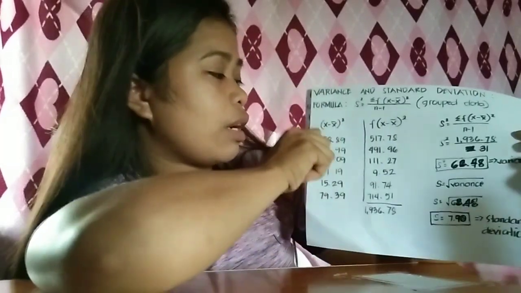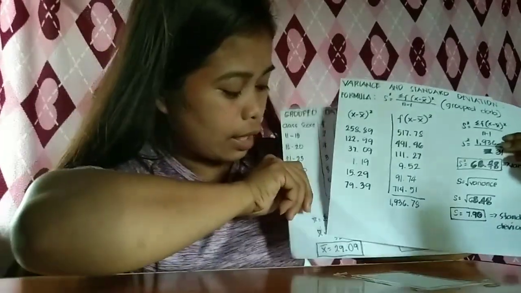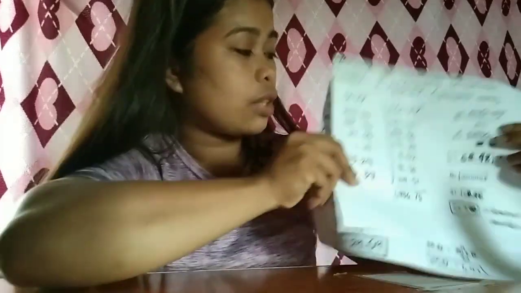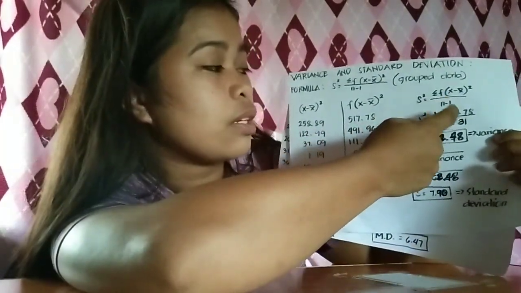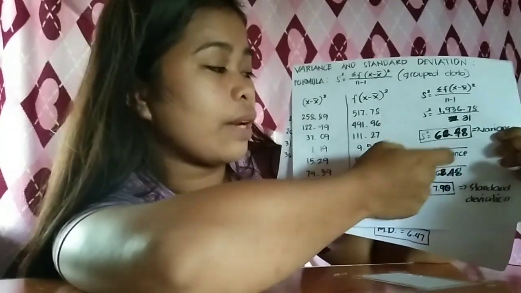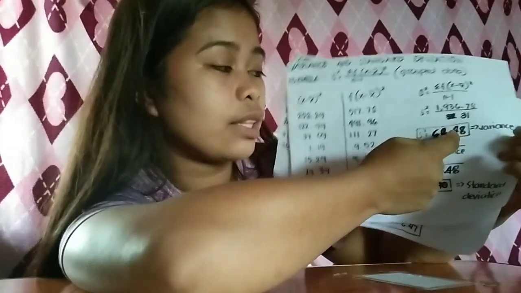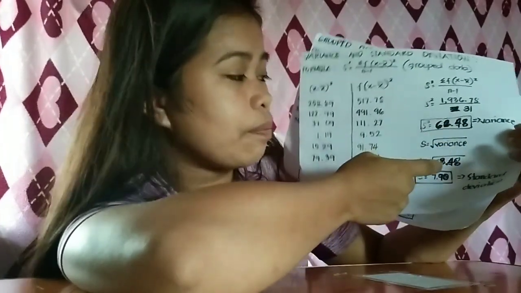N minus 1. Our n diri, ang total ta kagina sa f, 32. 32 minus 1 is 31. S squared is equal to 62.48. Amo ni siya aton nga variance, 62.48.